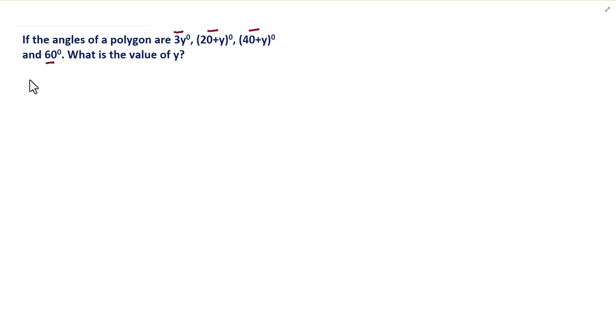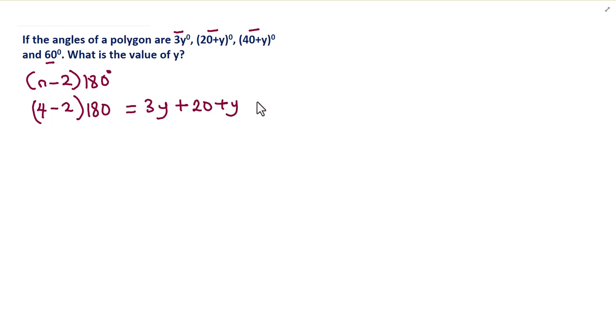So the sum of interior angles of a polygon is (n minus 2) times 180 degrees, right? So we have 4, so (4 minus 2) times 180 degrees is equal to the sum, the total angle. So we have 3y, let me get rid of the degrees, plus 20 plus y plus 40 plus y and then plus 60.